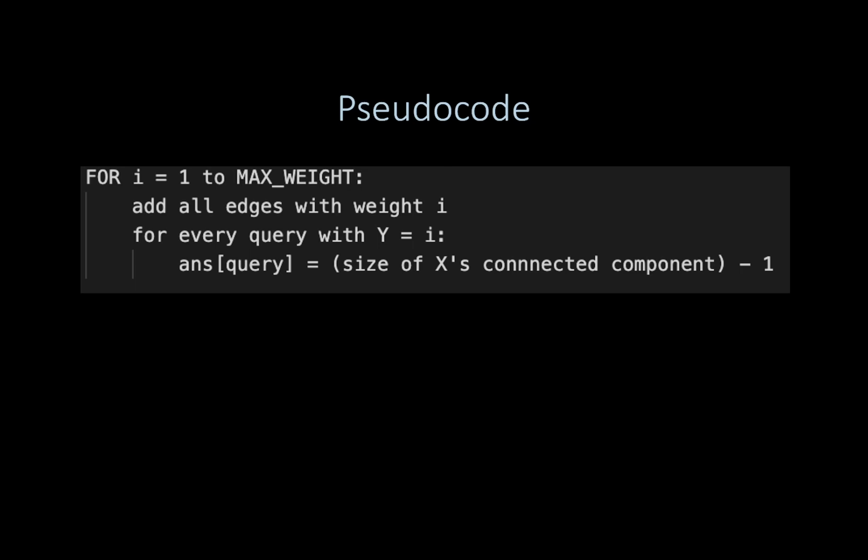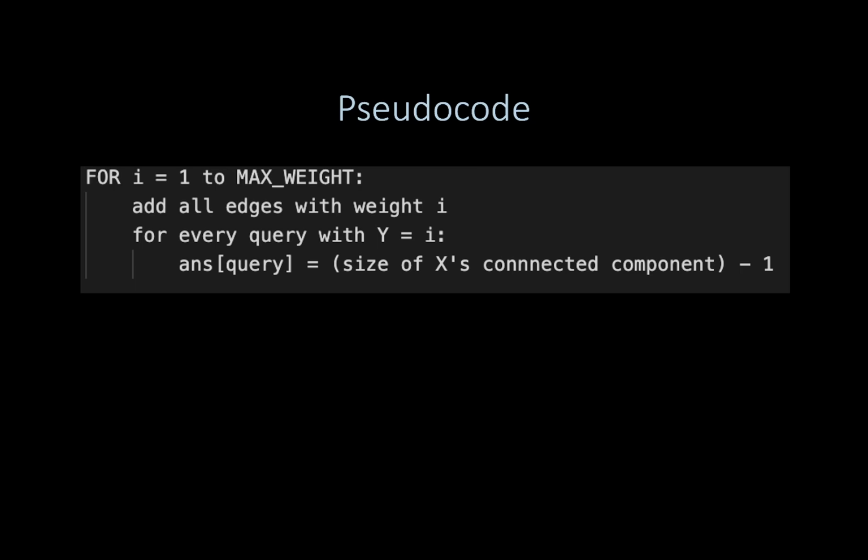This means that, for example, first we add all edges with weight 1, then we answer all queries where we are allowed to explore edges with weight at most 1, then we add all edges with weight 2, and then we answer all queries where we are allowed to use edges with weight at most 2, and so on and so forth.